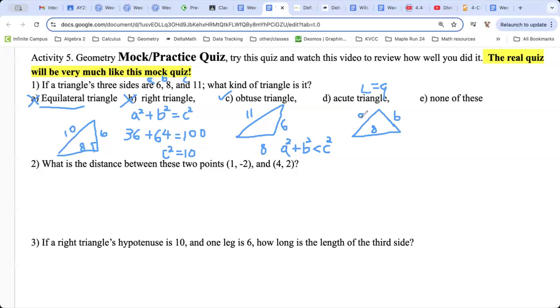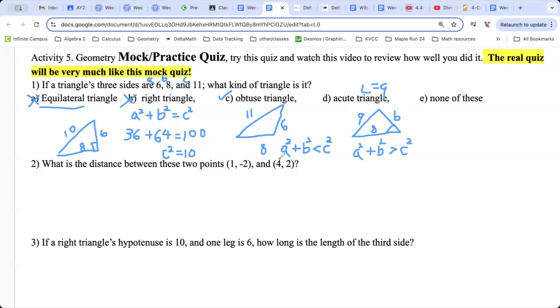But if that's a 9, then that's an acute triangle. In an acute triangle, A squared plus B squared will be greater than the longest side squared.